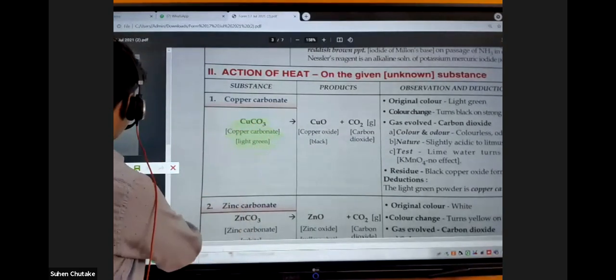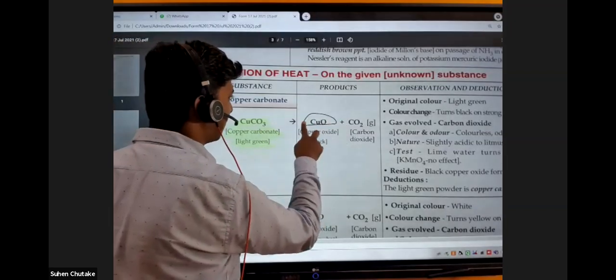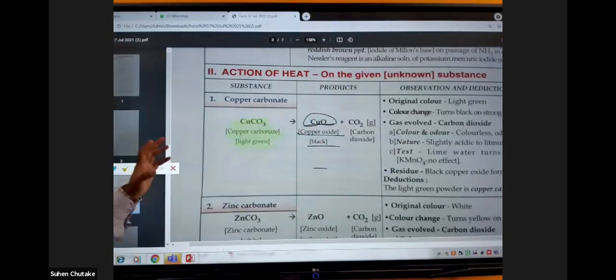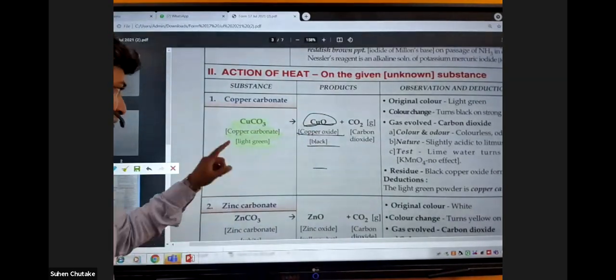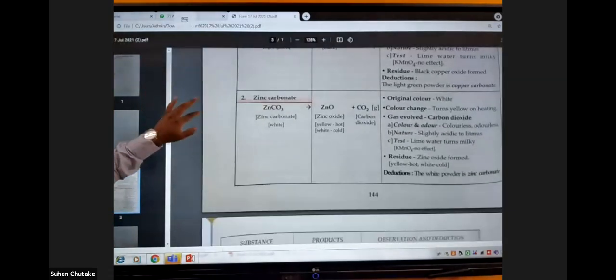And this is forming what? Black colored. This copper oxide will be black in color. So that's how you remember that light green is turning into black. This is what I meant yesterday when I asked you to do the mark with color pencil.